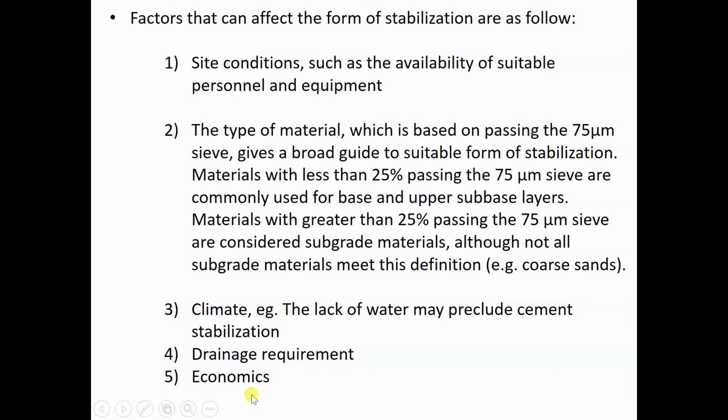If they have more money, they will probably do more stabilization, maybe a slightly better stabilization, probably involving more cost. If money is a constraint, maybe they just use the minimum. They may use less material, less cement. Instead of 8%, they might just use 3%, just to save, because of the budget constraint.